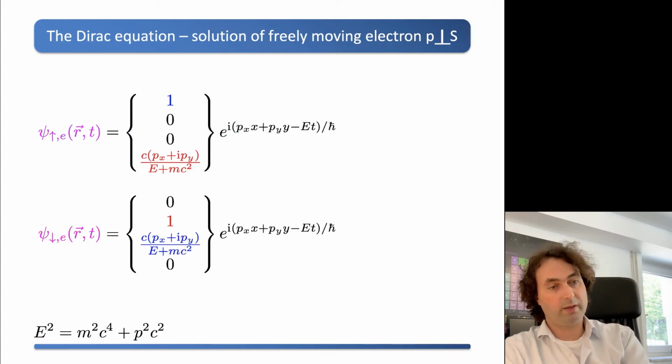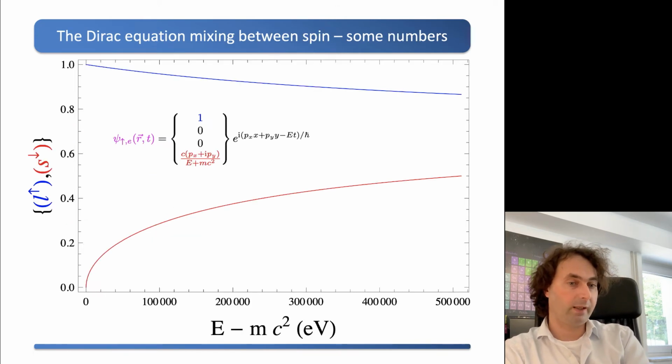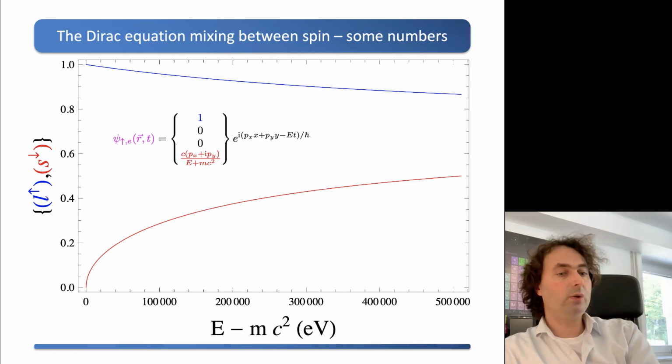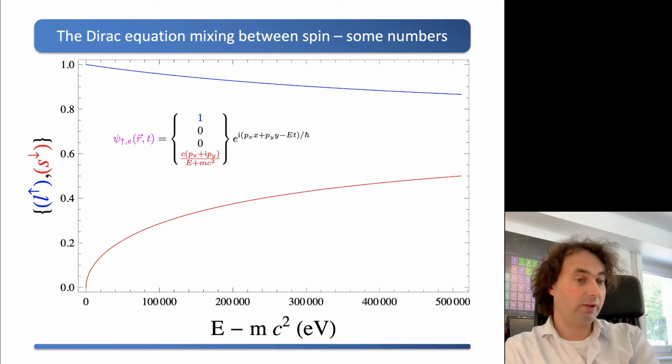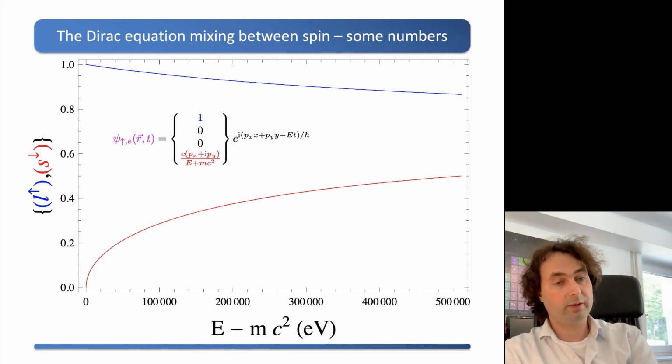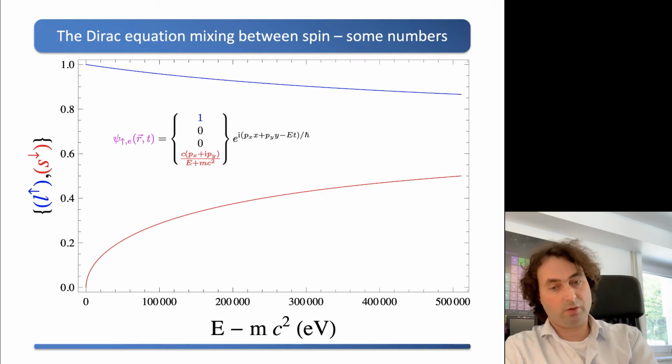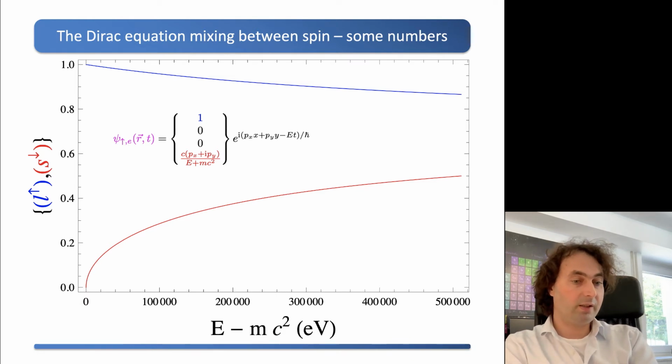And we can also look at the wave function for the momentum perpendicular to the spin. And again, we have a large and a small component. If you now look at the prefactors for the large and the small component of your wave vector, then you find, as a function of kinetic energy, E minus mc squared, for a particle without an external potential, that the large component indeed is large and the small component is much smaller, and we here go up to energies of half an MeV in kinetic energy.